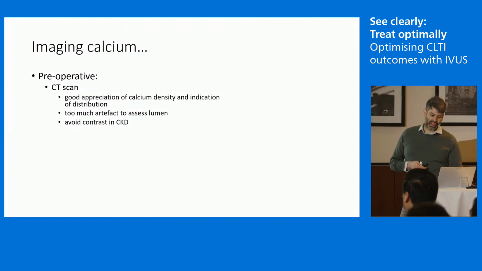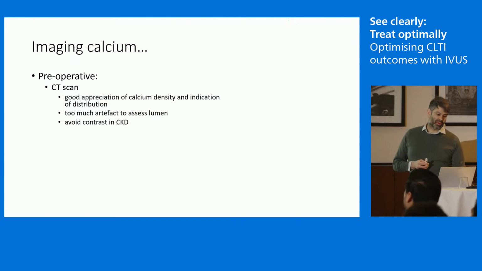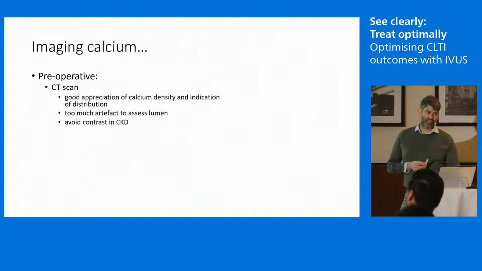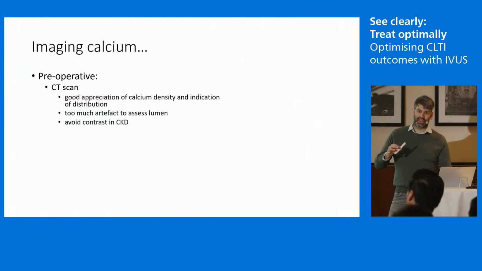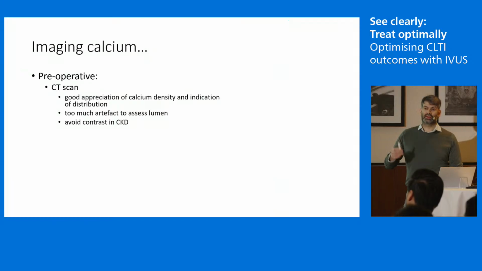In patients with chronic kidney disease, we also want to avoid using contrast, but I have to say that as I've been using more and more vessel prep technologies for calcium, if the patient's renal function precludes them having a CT scan with contrast, sometimes I may even just get a non-contrast CT just to give me a little bit of a guide as to where the calcium is, what the density of it is, and start to make some predictions about how much it's going to need modifying during our treatment.